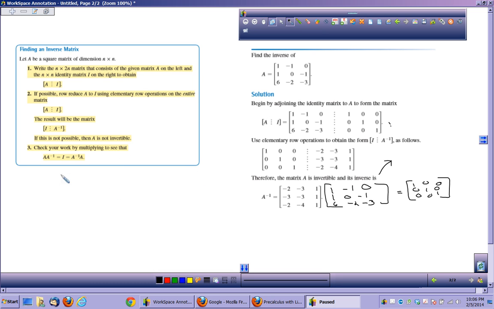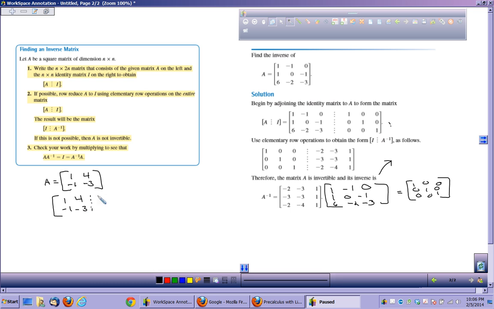So say that you have this one where A is equal to 1, 4, -1, -3. So my first step would be to write that as an augmented matrix, 1, 4, -1, -3. And I'm going to put some dots right there.